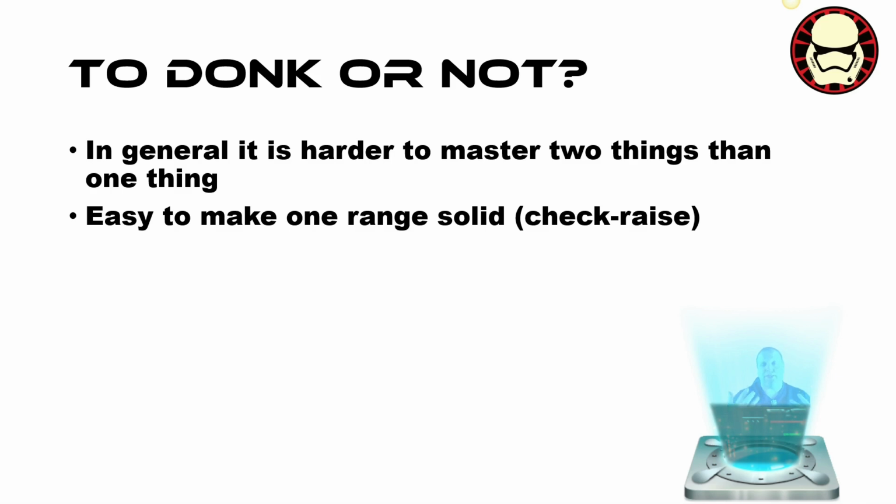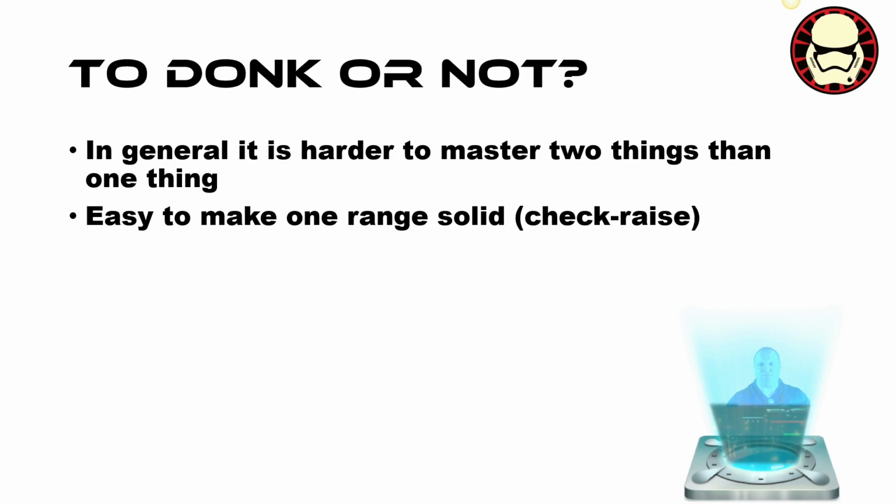On more dynamic boards, we check raise sets, nuts and super strong draws for value, and then we check raise medium strength draws, like pair plus nut flush draw, as a semi-bluff. And it's easy to construct that range.